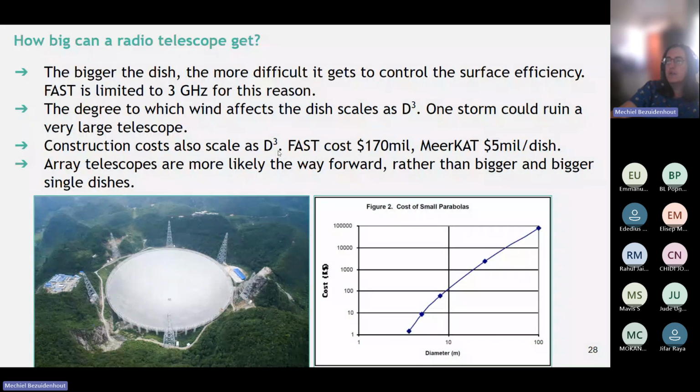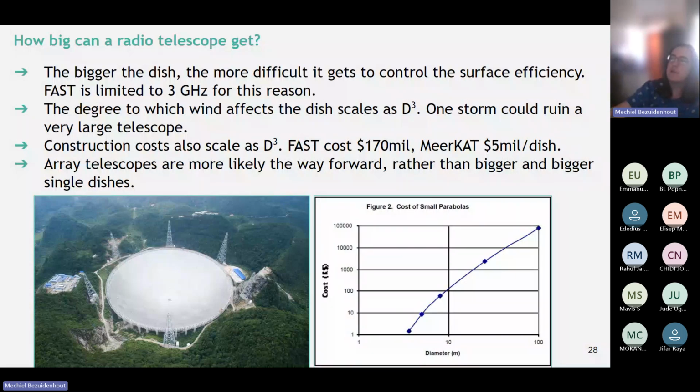The construction costs also scale as diameter cubed. Here's a plot of the cost of small parabolas as a function of diameter. So for example, FAST cost $170 million. Meerkat is about $5 million a dish. And you can keep building dishes. It's not a one-off expenditure.